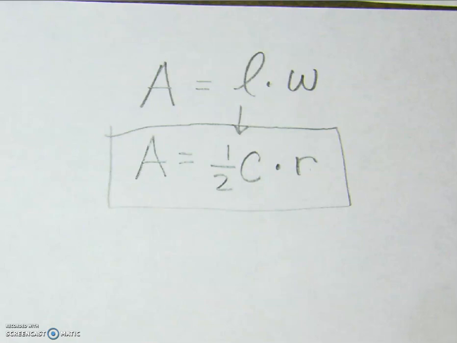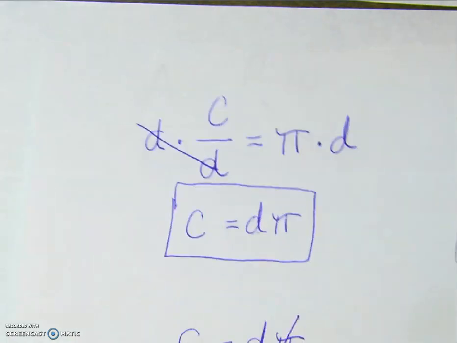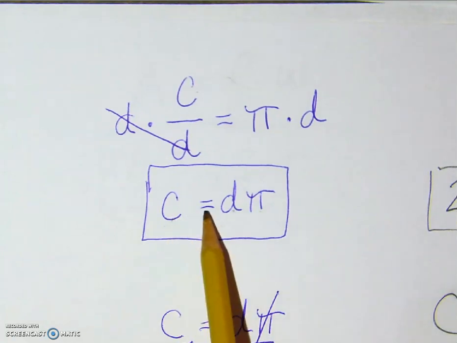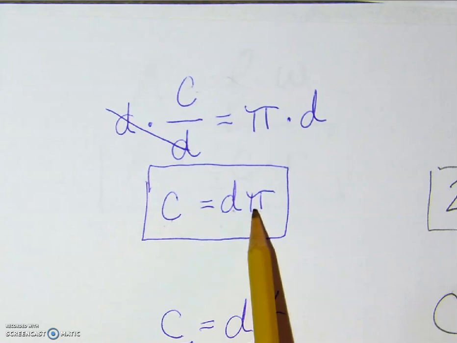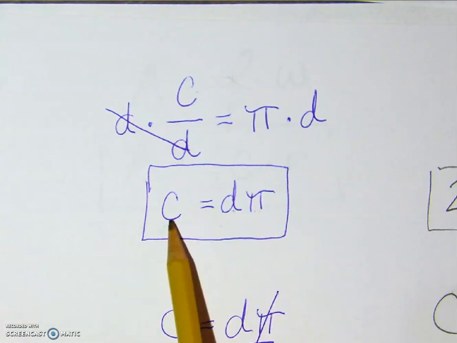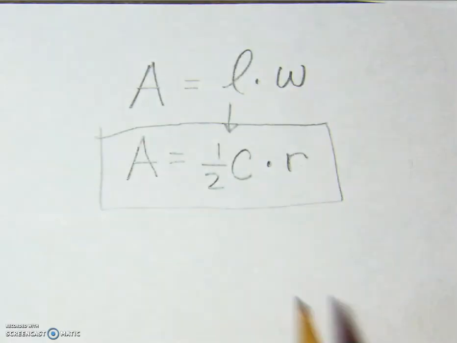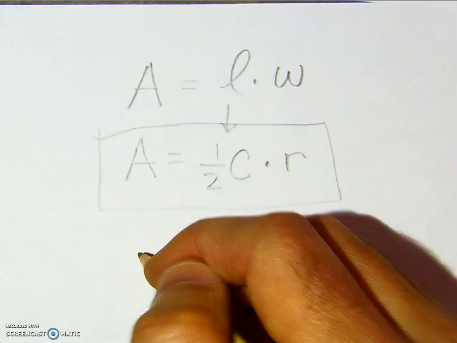Now, if you remember correctly, here are some old notes. Take a look at this. We did this a couple days ago. We said that circumference is the same thing as the diameter times pi. So let's do some substitution. In the place of circumference, let's put diameter times pi. All right, let's go over here.